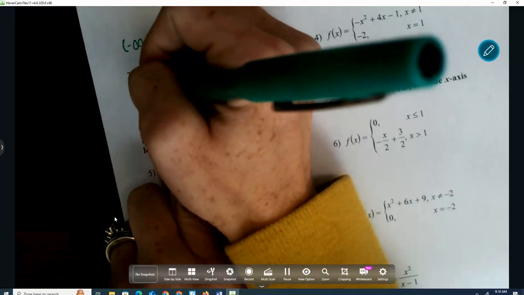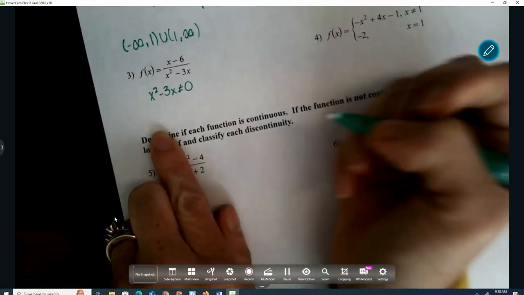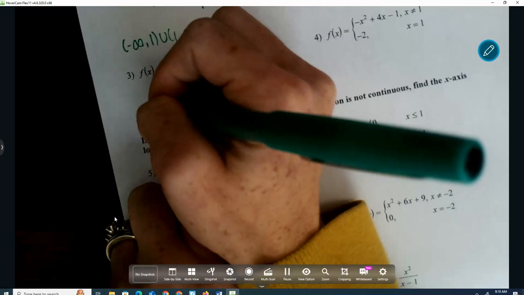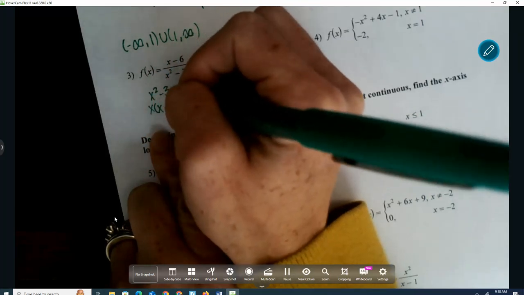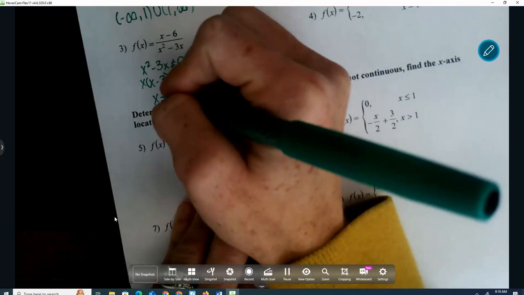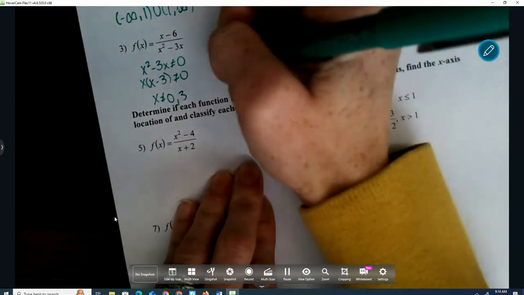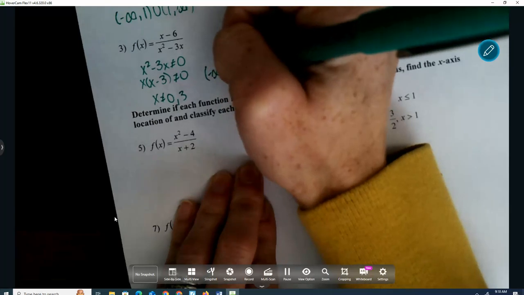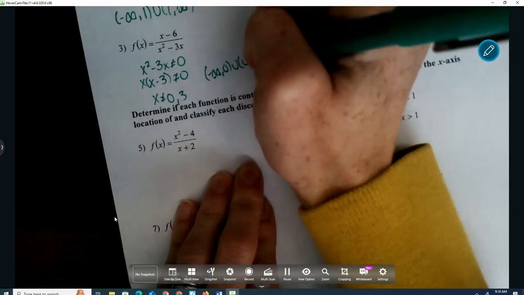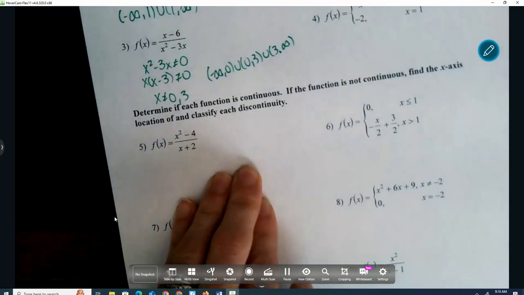I know x squared minus 3x cannot be 0. So we can factor out an x, so x cannot be what? 0 and 3. So it's continuous everywhere else, from negative infinity to 0, between 0 and 3, bigger than 3.